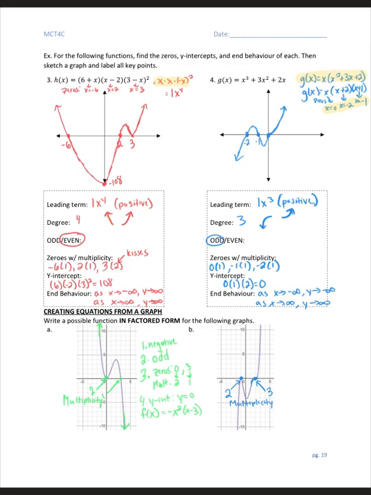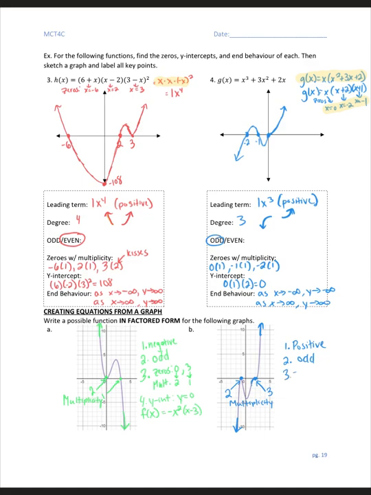So I have to decide, do we have a positive or a negative coefficient? Our end behavior is going down to the left and up to the right. So if we think about a line that slopes up to the right, it would have a positive slope. And again, the end behaviors are going in opposite directions, so we have an odd function.